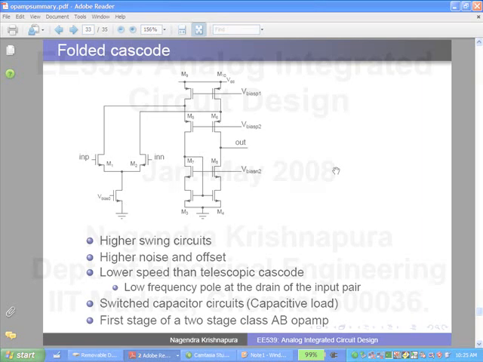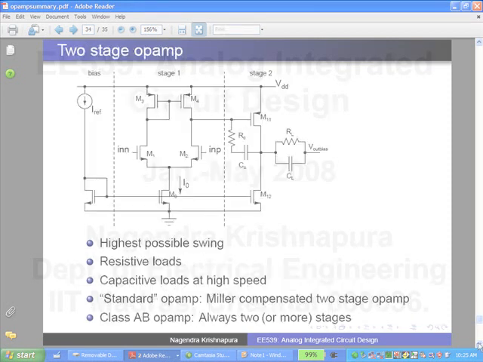What I meant to say was, you need to realize a large GM to drive a large capacitive load. But I don't want to use minimum size devices here because in that case, my DC gain also falls down, right? Because the impedance of this contributes to the DC gain. Whereas here, the two problems are somewhat separate. I can use minimum length device here to get a large GM for this, okay? And I use whatever I want before that. So it looks like a better trade-off.